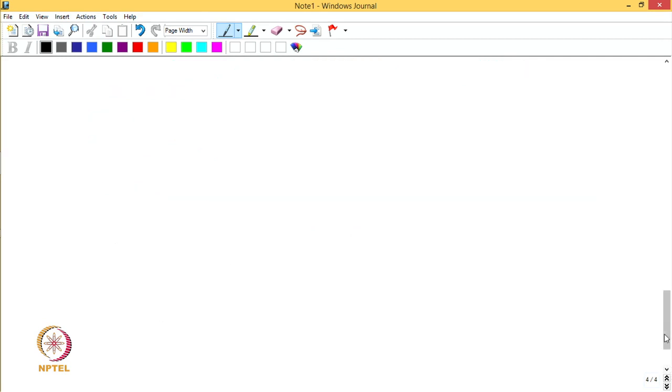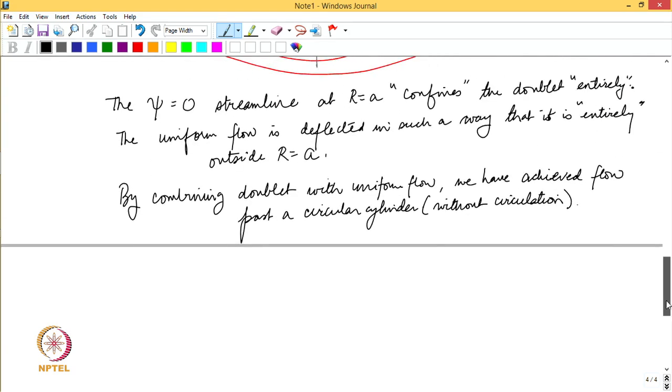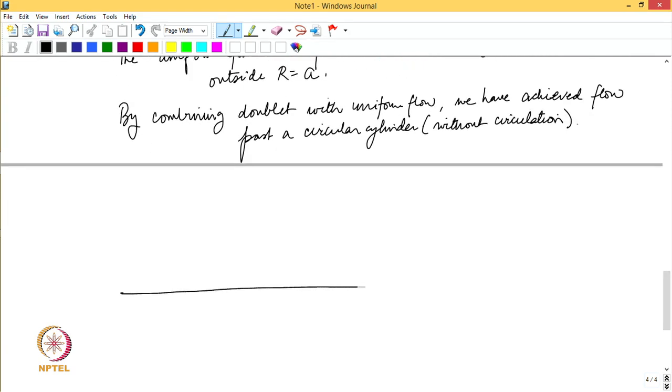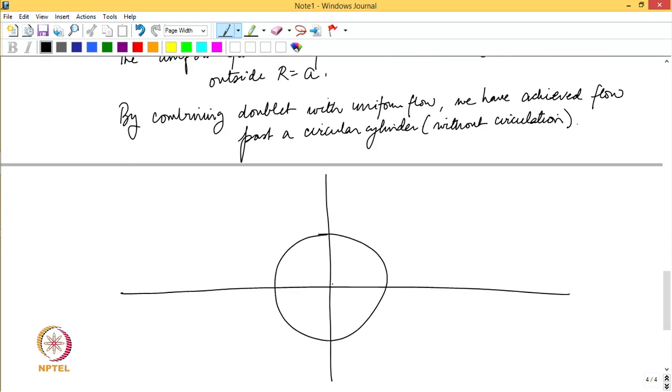So, the flow pattern that we would have achieved now would be this. We will have a cylinder sitting here at some distance r equal to a, and this is a solid cylinder. Let me indicate it so.